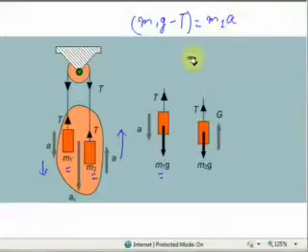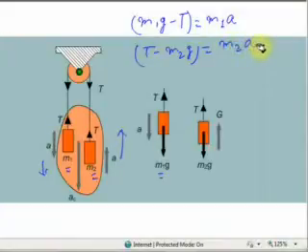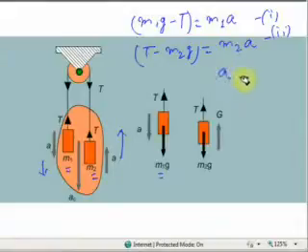Similarly, net upwards force acting on mass m2 is T minus m2g, and this will be equal to m2 into a. So by solving these two equations, that is equation 1 and equation 2, we can get the value of acceleration a and tension T.